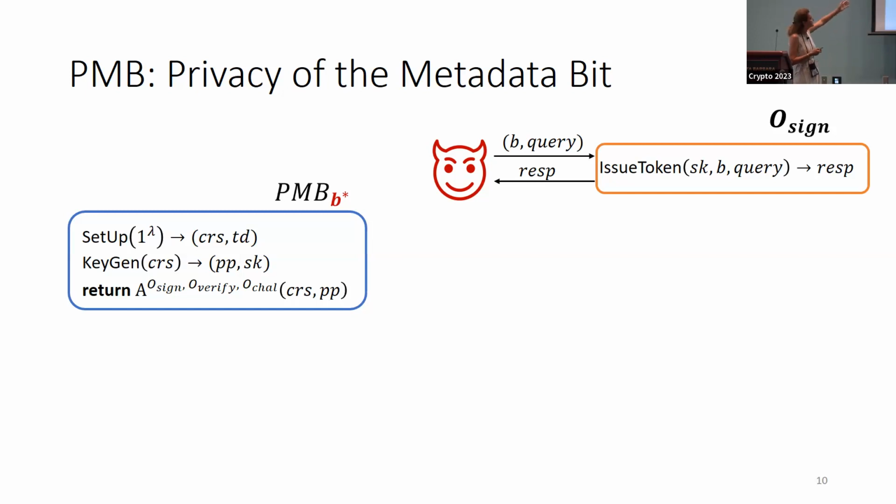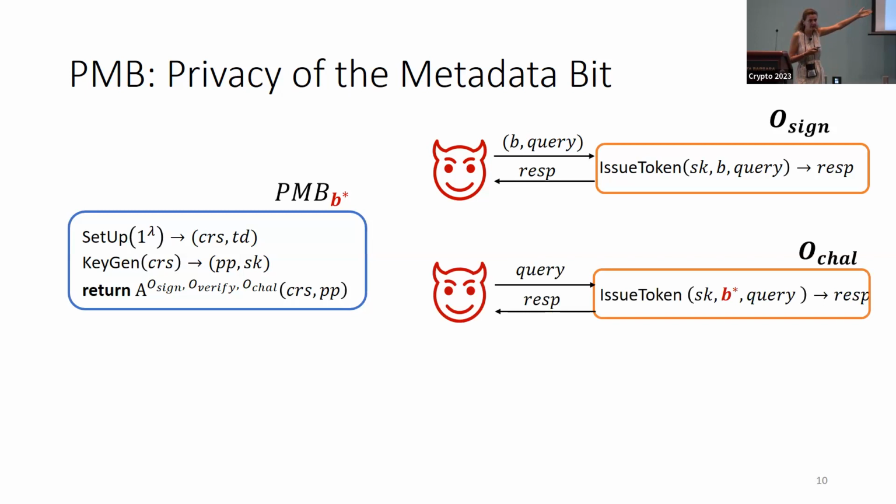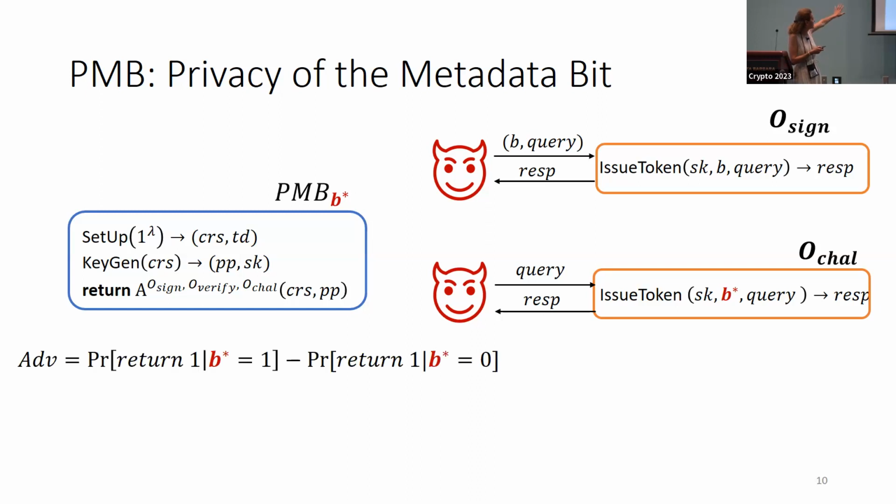Now we can look at the challenge oracle, where the adversary will just give the oracle an input query, and then it will get a response where the challenge oracle embedded the challenge bit B star. The adversary's job is to distinguish between B star being 0 or 1. So far, so good. This is really analogous to CPA security. And now if we want to make it CCA-like security, can we do that in this setting?